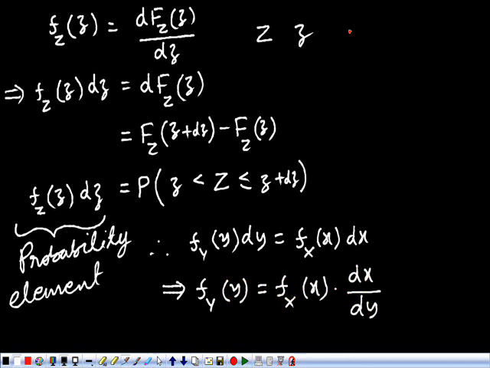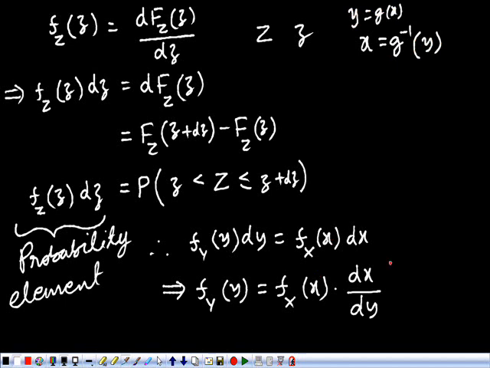But what is x here? X is the inverse transform of y. See, y is equivalent to g of x. So if you transform it inversely, we get x equivalent to g inverse of y.